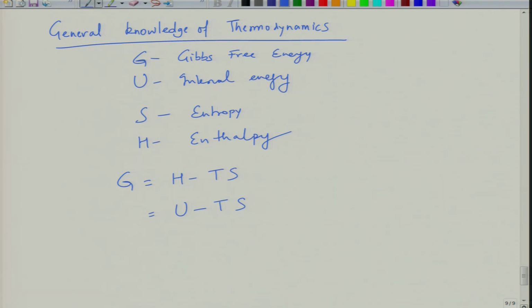So you can have various scenarios, but we are not going to get into thermodynamic discussions. If you do not know thermodynamics, I would like you to go to any basic books on thermodynamics. There are plenty of books. For example, you can read Thermodynamics of Materials by Gaskell.